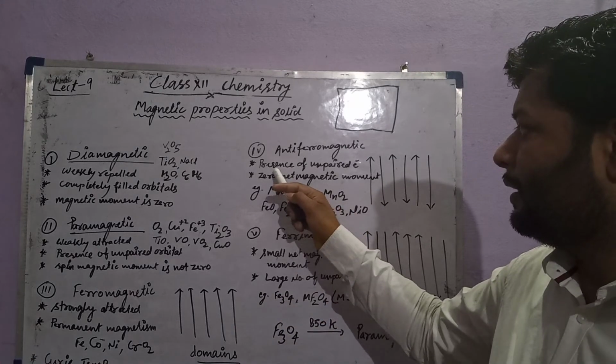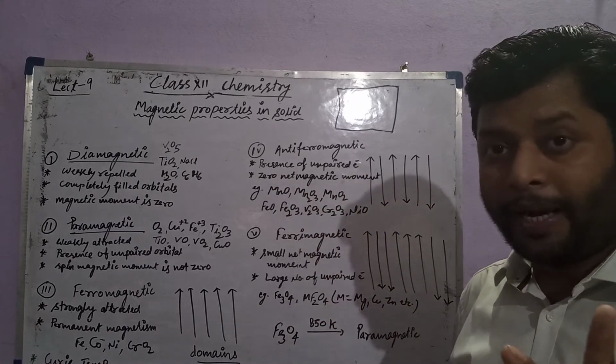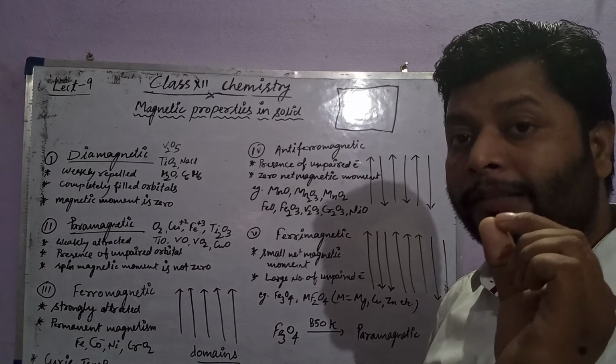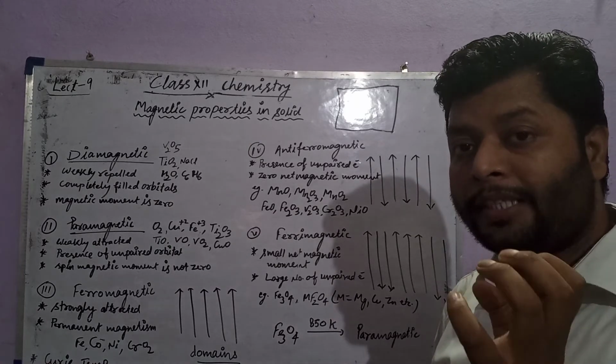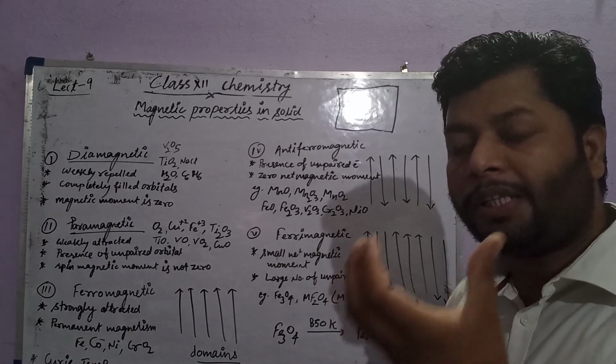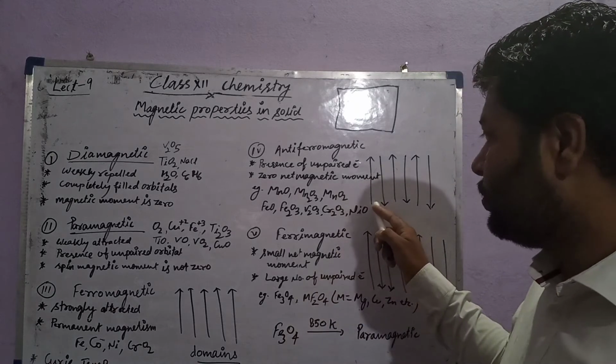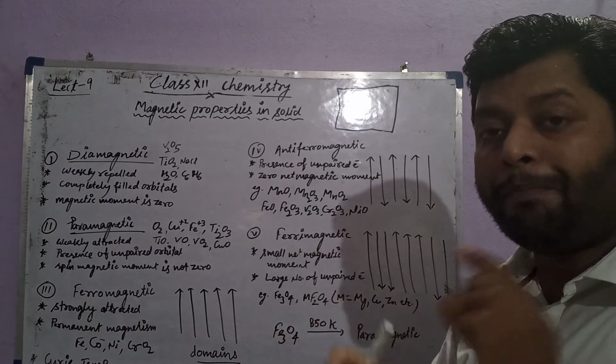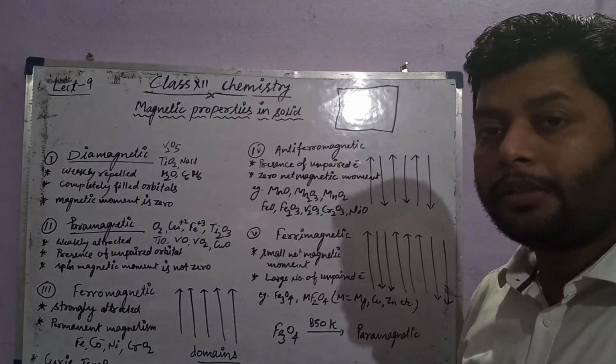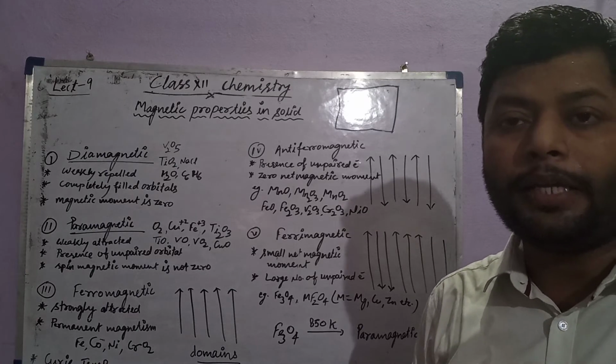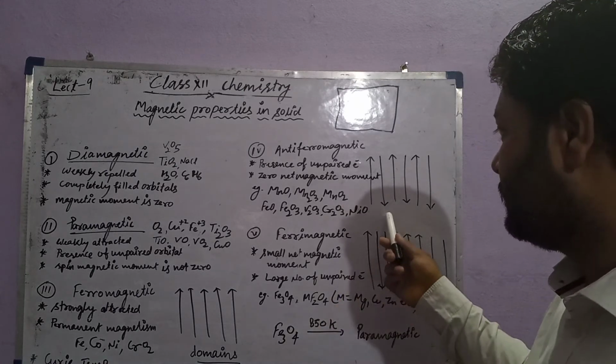Even though there are unpaired electrons, the domains formed in a particular solid crystal show an equal set of parallel and antiparallel domains.